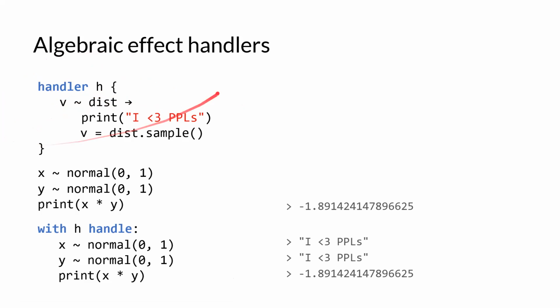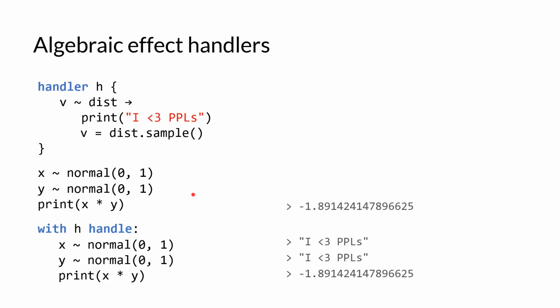The original one would just bind V to a random sample from this distribution, right? But here we say, okay, no, I actually want to print I love PPLs and then bind V to a random sample from this distribution.